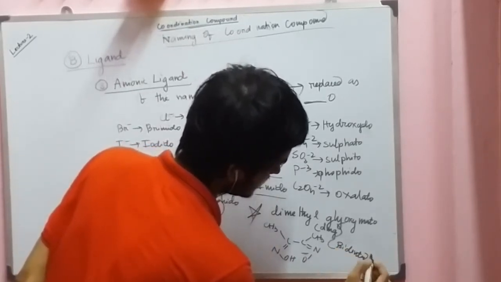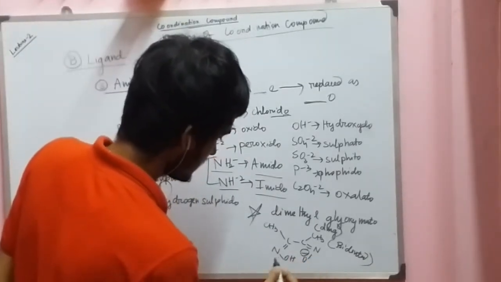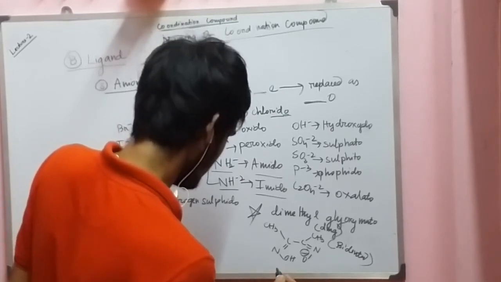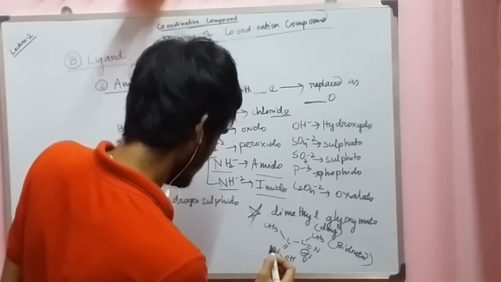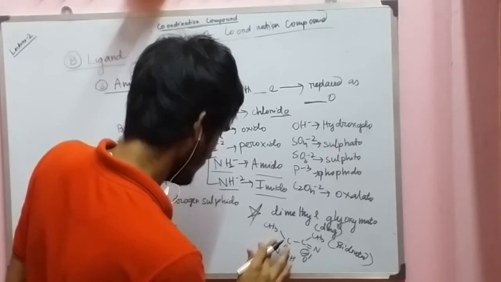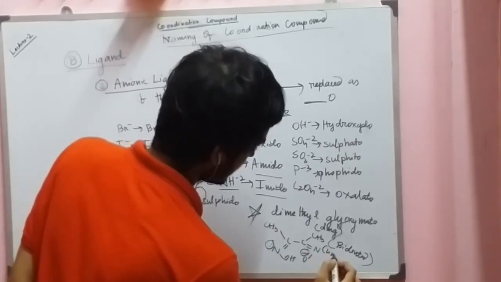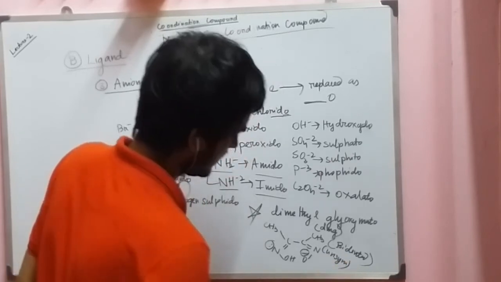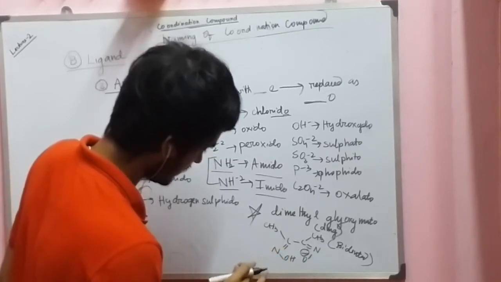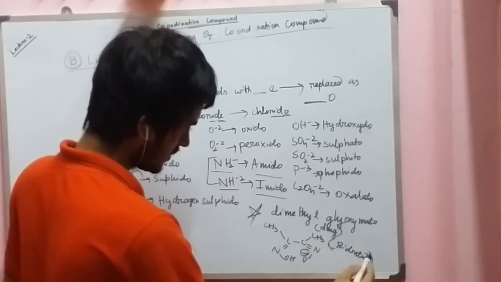Remember this bidentate ligand, and O minus, and here the lone pair of N. Whether it is unsymmetrical or symmetrical, I have forgotten, but for sure it is a bidentate ligand.